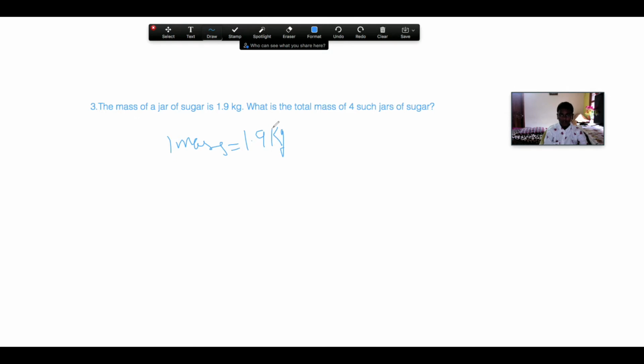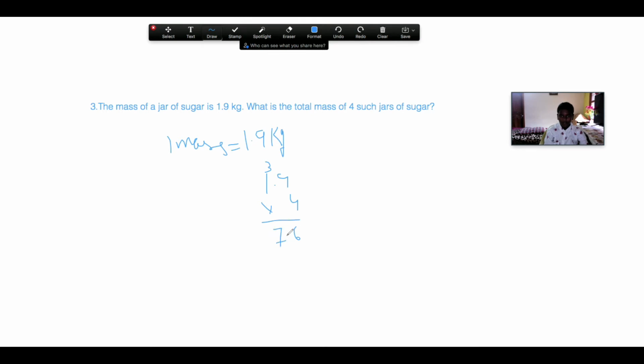So now this is 1.9 into 4. So one jar is 1.9 kg. What is the total mass of 4 jars? So 1.9 into 4. So 4 into 9s are 36. 4 1s are 4, 4 7.